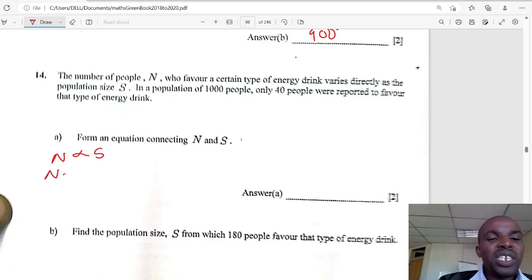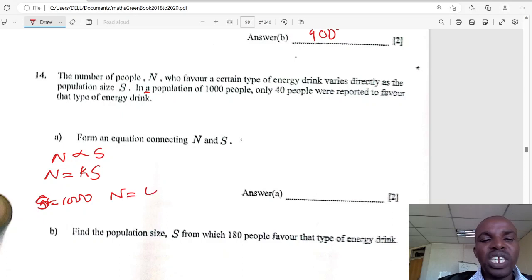So you introduce an equal sign and a constant K. Now they said in a population of 1,000 people, that's the population S. Only 40 people, that's N, were reported to favor that type of energy drink. Form an equation connecting N and S.